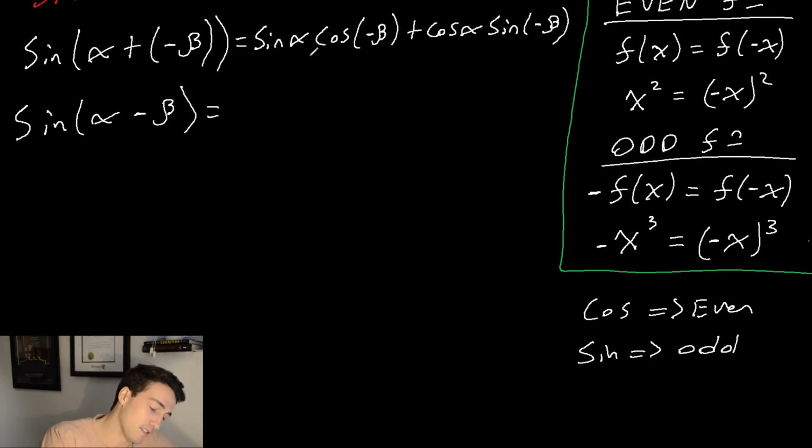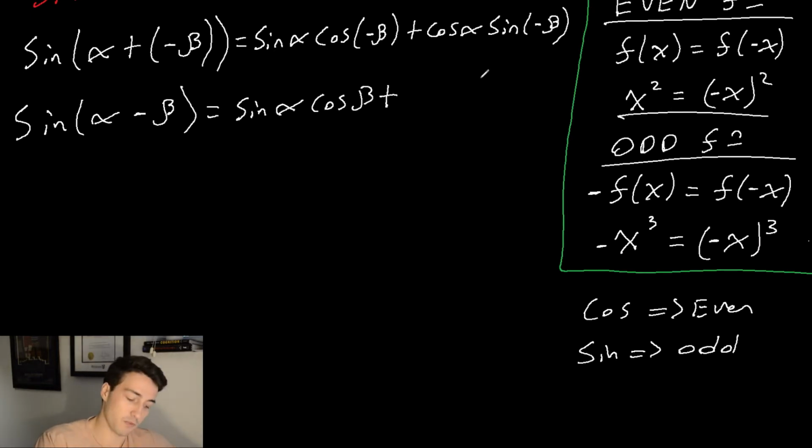So now, sine of alpha cos negative beta. Since cos is an even function, this will end up just being cos of beta. Nothing changes in terms of the signs here because it follows this principle. So next we have cos alpha multiplied by sine of negative beta. Well, we know that sine is odd, so if we put a negative in front of the x part, that'll cause a reflection.